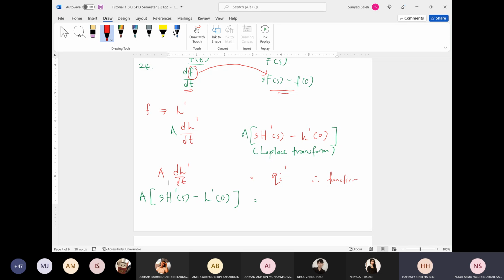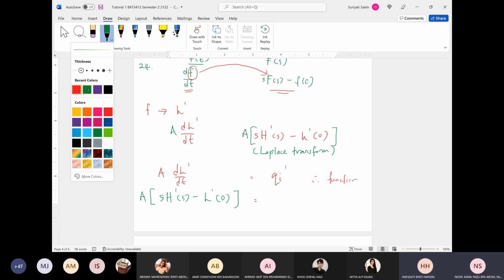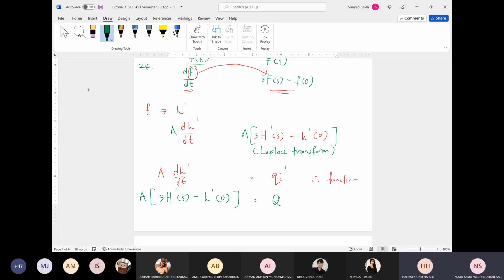So how about the qi? The qi here is just the variable. Whenever you have the qi, you do the Laplace transform, then you have the following form, Qi prime(s). It's the same form, the only difference is you change from the small letter q to the capital letter Q, and then you put the s bracket to indicate it is under Laplace.